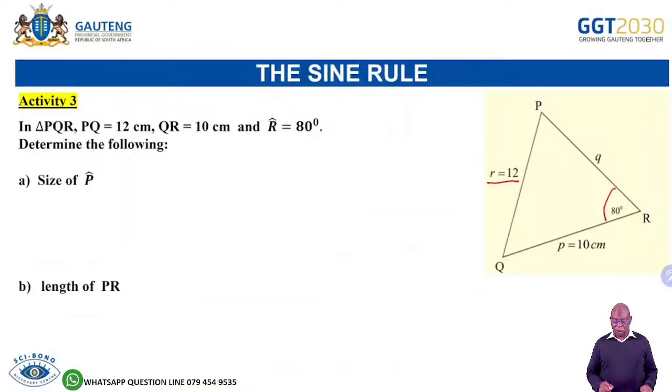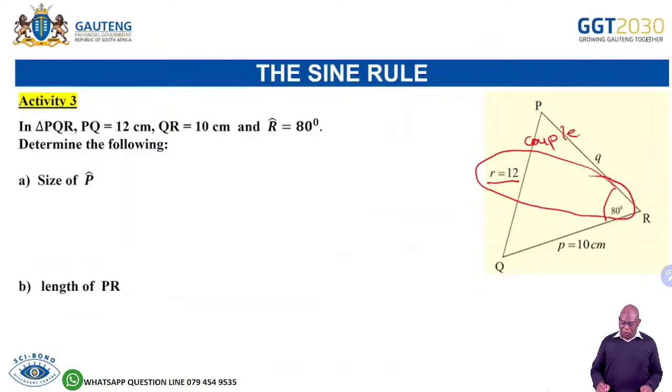Small letter r is 12. So you see there, we have a couple. So now the Q here, the P angle is not there, the Q angle is not there, and the other side there is not there.